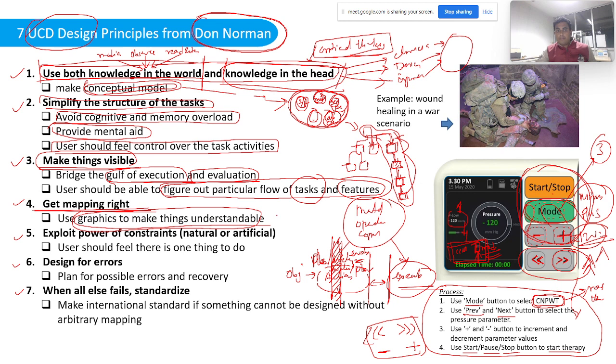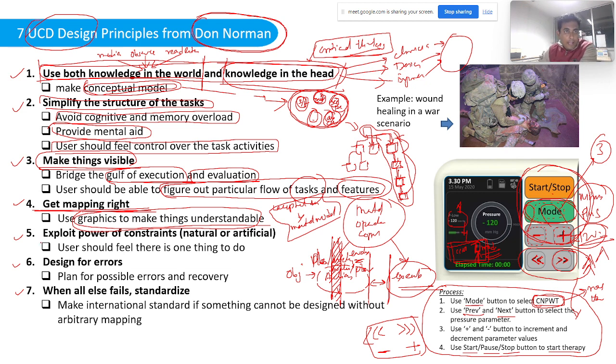You are mapping the conceptual model of the designer with the mental model of the user, which should be universal. It's not different for different users.